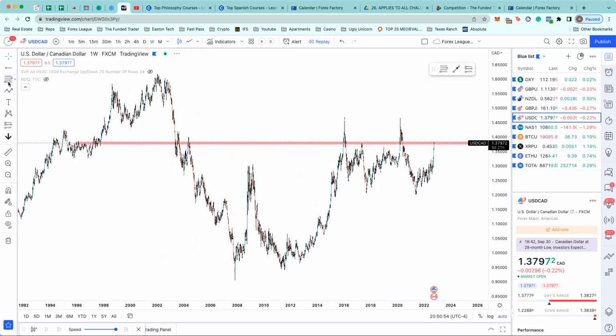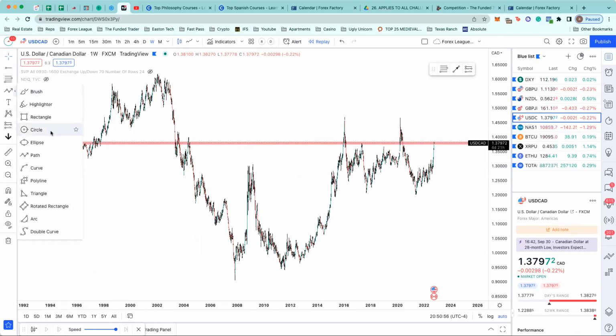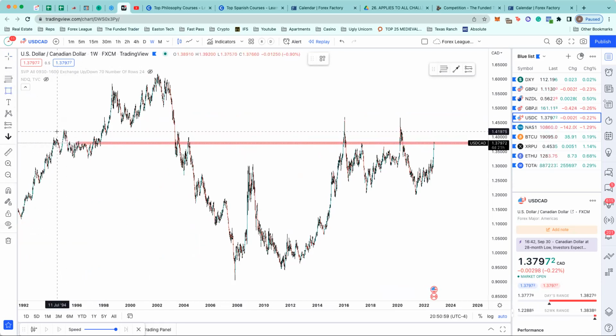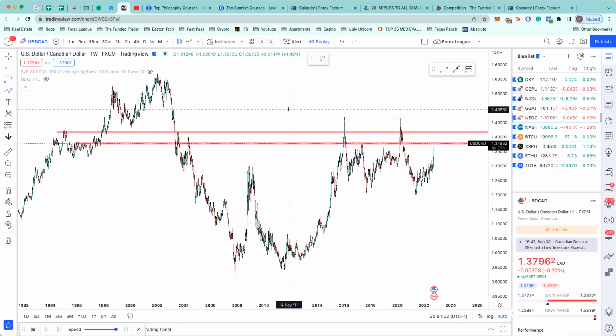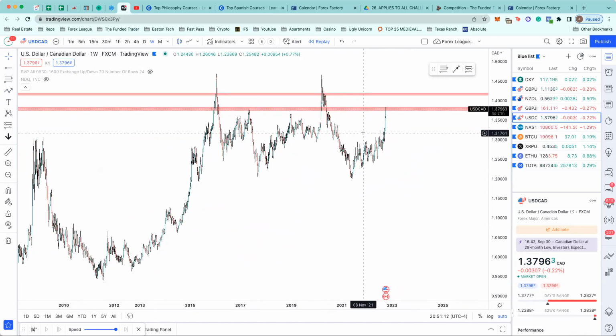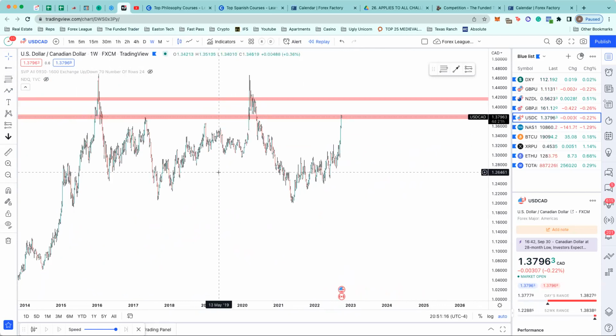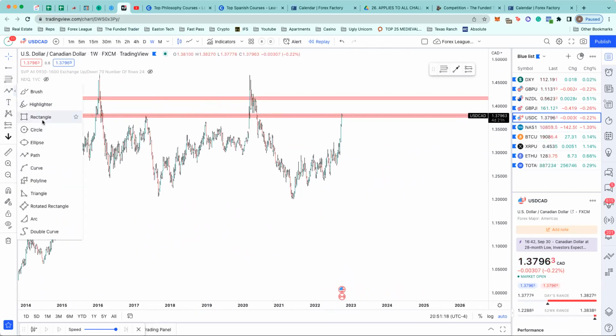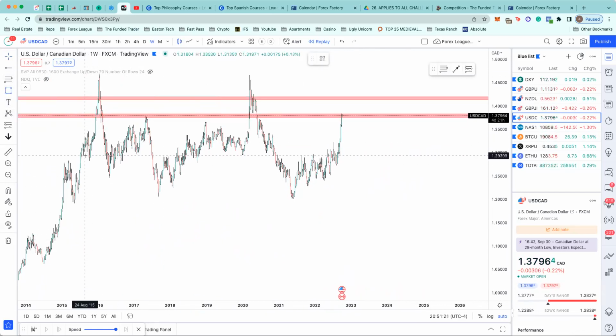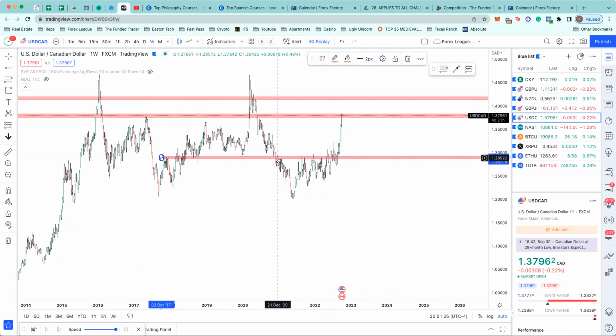And then zooming out again, I want to grab another level to the upside in the event that price continues to break. This is a good level right here, based on resistance, support, resistance, resistance, resistance right there. And then let's zoom in a little bit more, and let's try to get one more level here to the downside. So I'm going to mark this level right here.